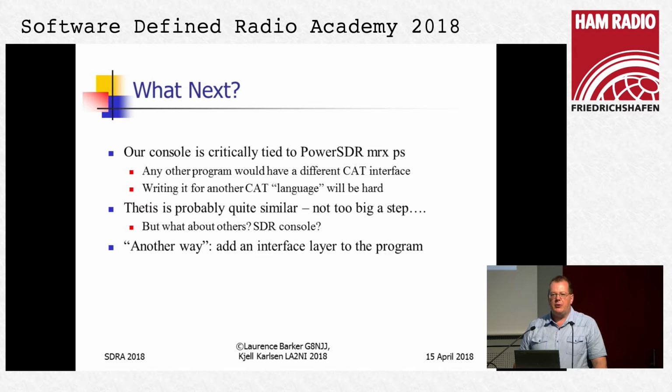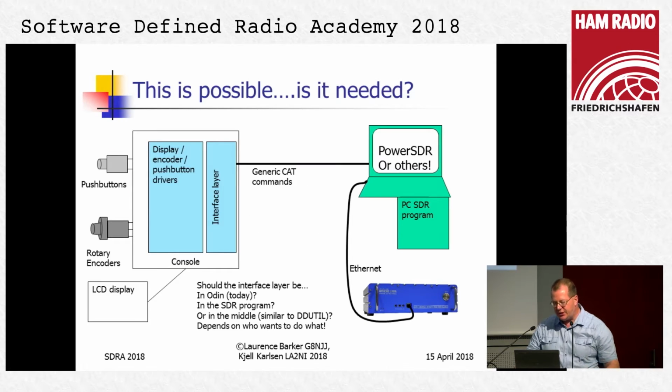But what about another program? There's other manufacturers of SDR software that are quite different, and that would end up with the burden of adding extra commands to those as well. There is another possible way, and that would be to have some kind of an interface adapter.